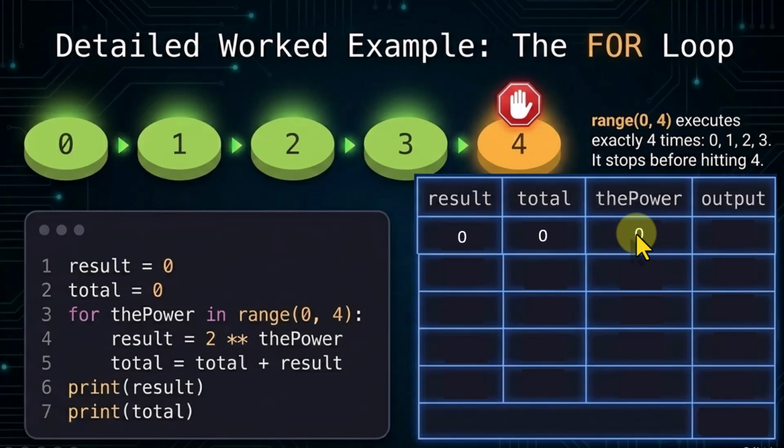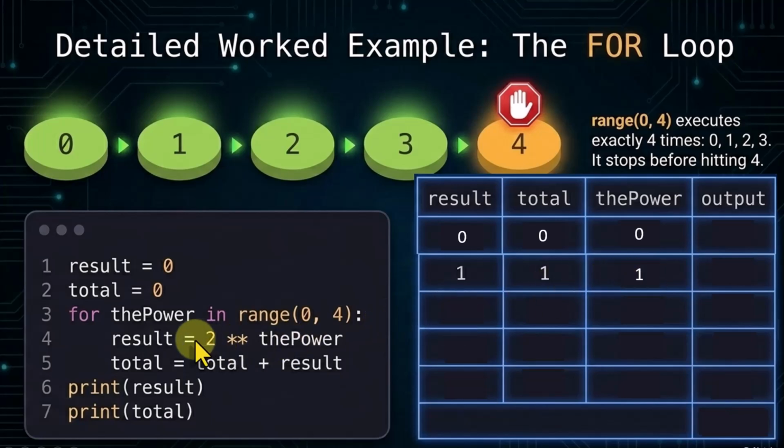So the power for now is 0, and we will perform this. Result is equal to 2 to the power of the power. So 2 to the power of 0 will be 1, and total is equal to total plus result, 1 plus 0 will be 1. Then automatically the value of the power will change to 1.